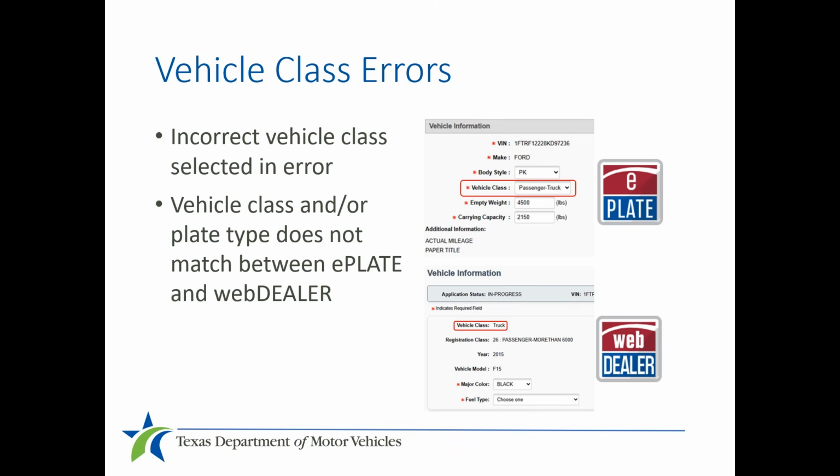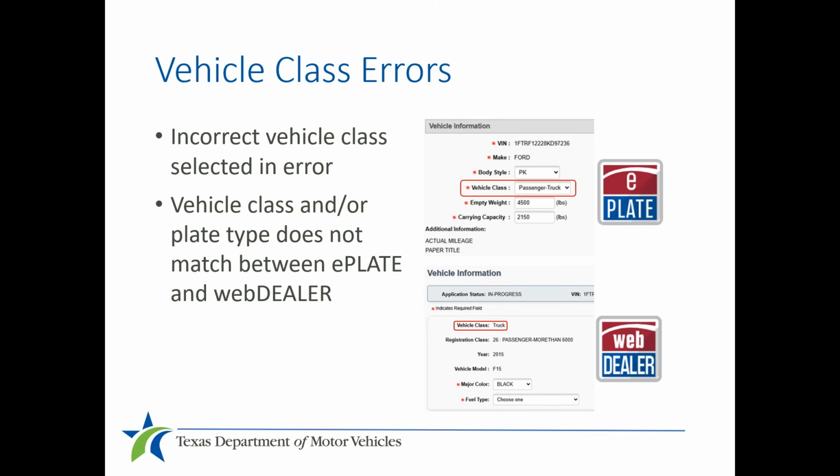First, let's take a closer look at vehicle class errors specifically. These returns happen when the vehicle classification entered in a plate does not match the classification in webDEALER or on supporting documents. In the example shown on this slide, the E-plate assignment lists the vehicle class as passenger truck, while the webDEALER transaction lists the class as simply truck.